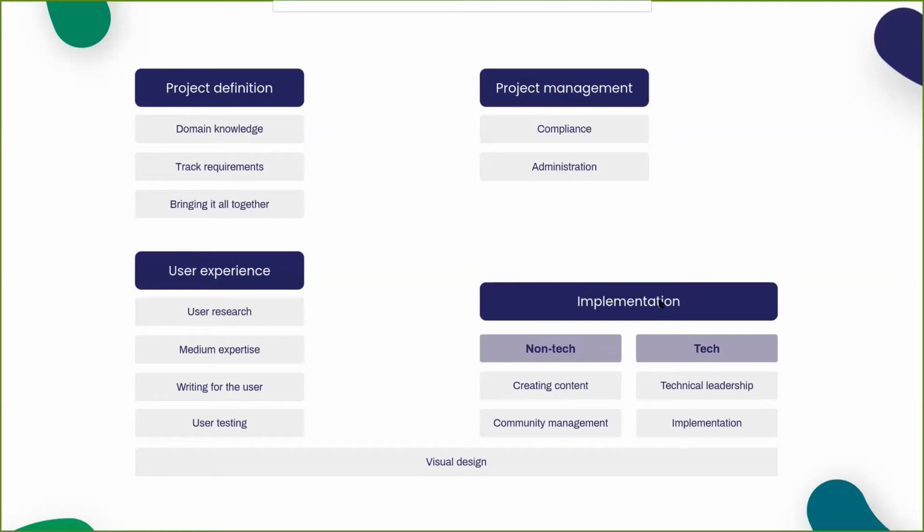Under implementation, there's the tech stuff like technical leadership and implementation, the non-tech stuff like creating content and community management, and visual design kind of is this bridge between user experience and the basic implementation. And under user experience, I've got user research, medium expertise, writing for the user, and user testing. And I know there's a lot more to it.